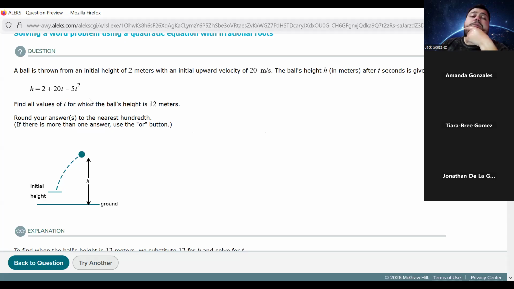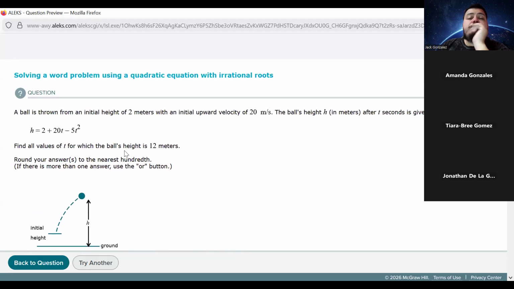So they want to know at what time h is equal to 12. So how would y'all start this? The starting is the hardest part. Substitute the h for the 12. Yeah, that's it. So once we do that, you would set it to 0 and use quadratic formula, and you're done. So it turns into the same question as before.